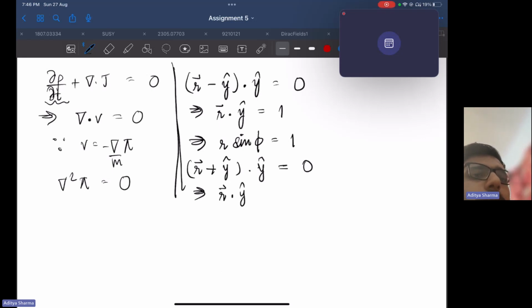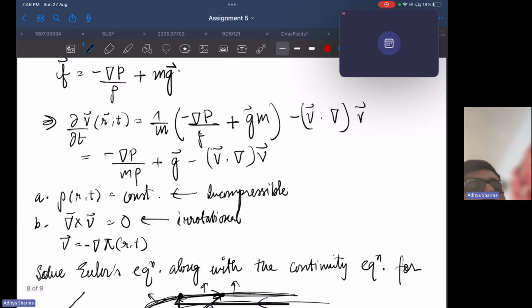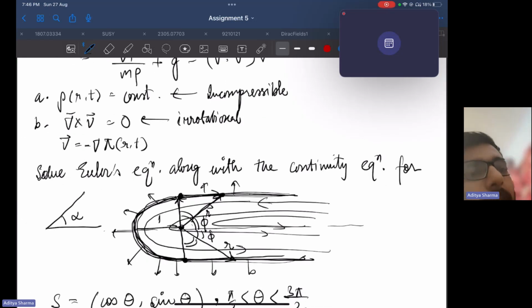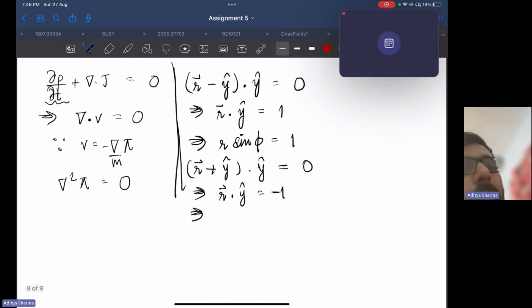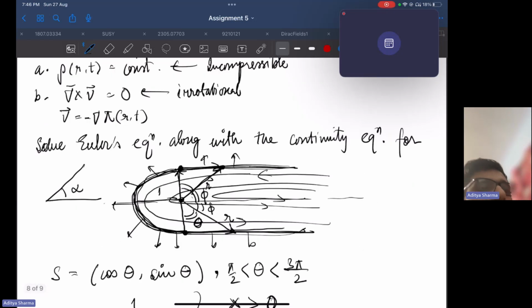R dot y cap is equal to 1 minus 1. And r vector dot y cap is the angle, and this is theta. So we have r cos theta minus 1.